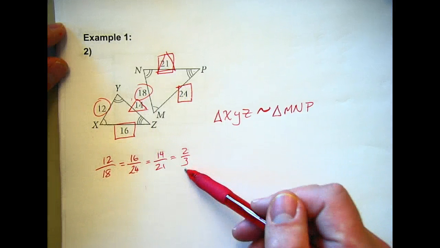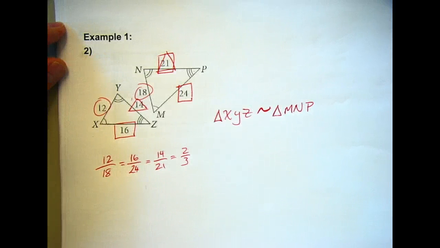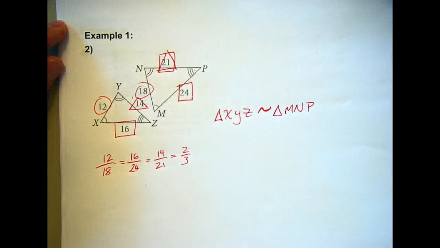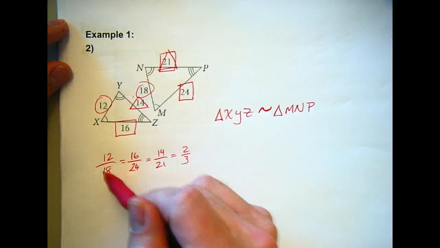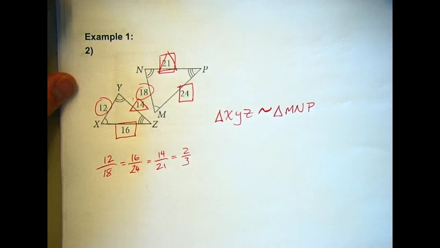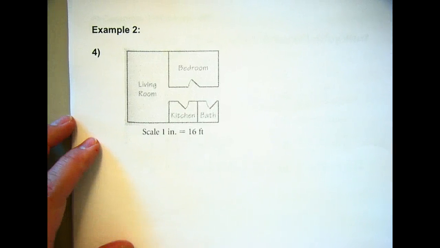So if you said 2/3 or 3/2 on this one, you're okay. I don't think it specifies, does it? No, it just says the triangle. So if you would have went the other way, that would have been fine as well. Okay? All right.